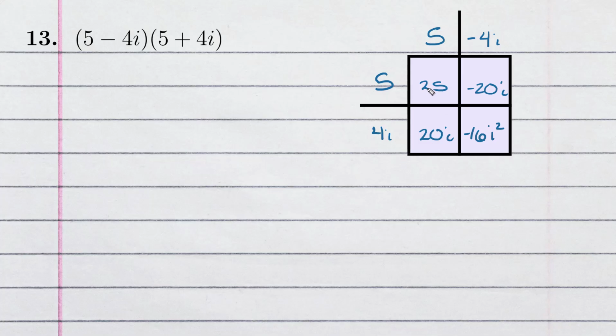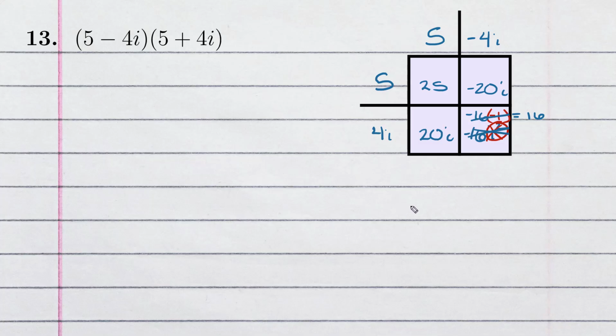And so now we see an i squared. So anytime you see an i squared, you replace it with a negative 1. So we take what we originally had in that square, so negative 16 times negative 1 is a positive 16.